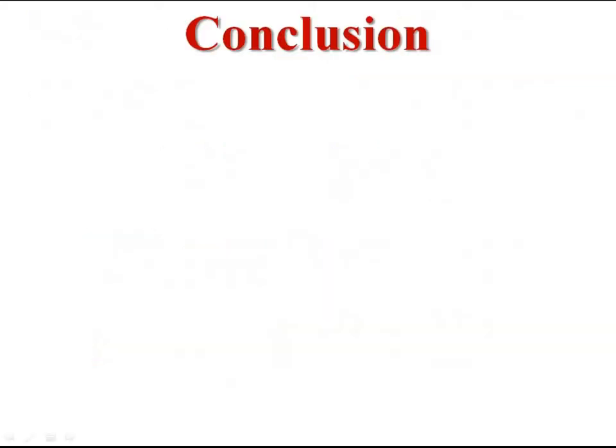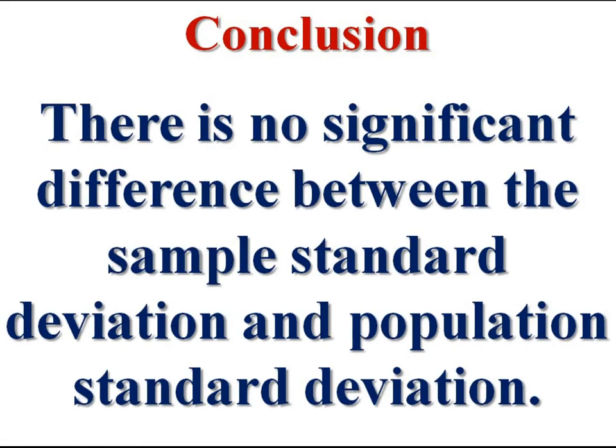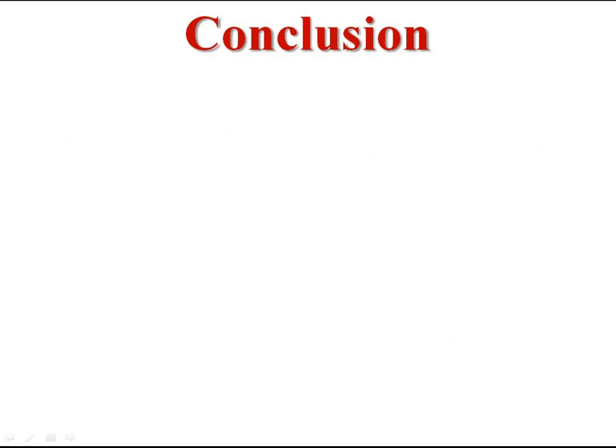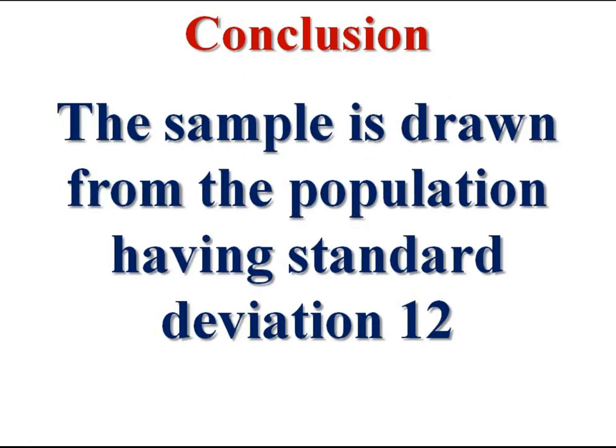It means there is no significant difference between population standard deviation and sample standard deviation. That is, we can say the sample can be considered as drawn from the population having standard deviation 12. It is our conclusion.